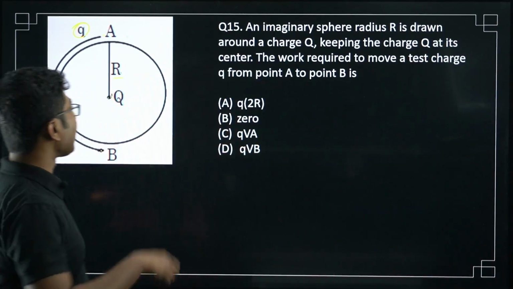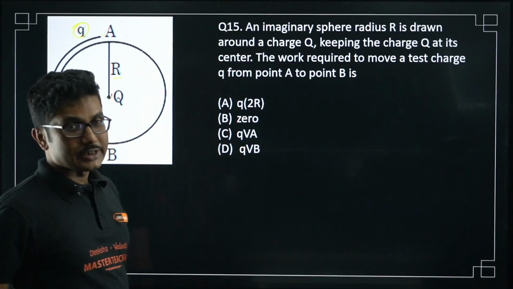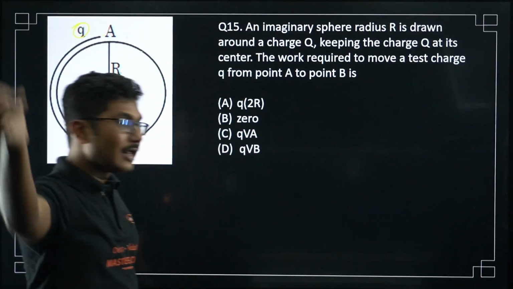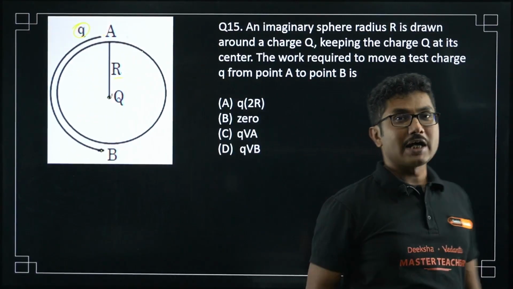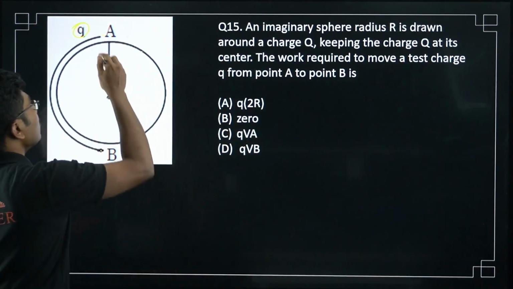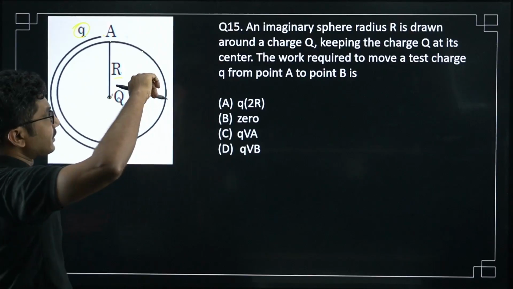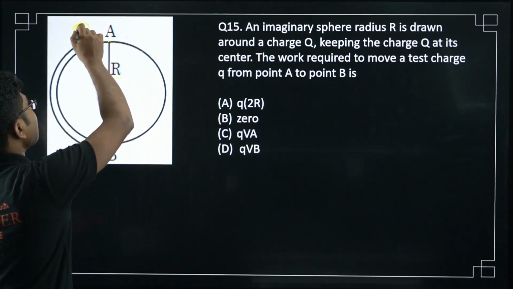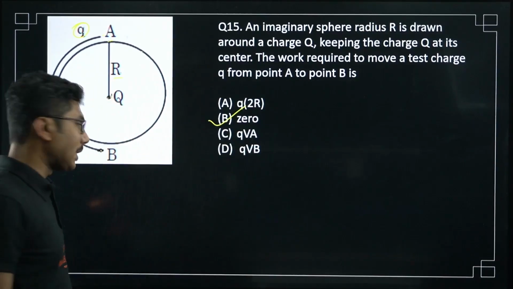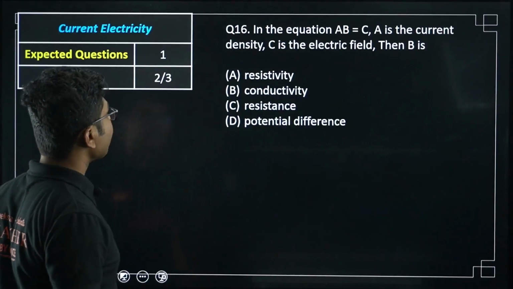So from there also you can say that it is an equipotential surface. That means potential is constant throughout the surface, and work done to move a charge on an equipotential surface is 0. So work done to move the test charge from A to B should be 0. As simple as that. Now let's move on to the next question.